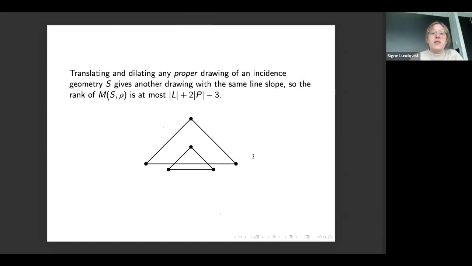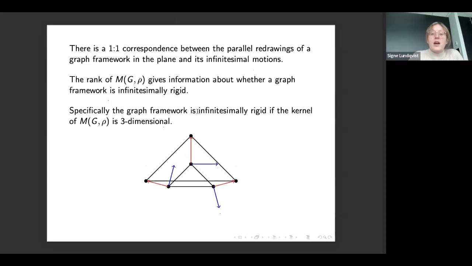And as I said, translating and dilating any proper drawing of an instance geometry will give you another drawing with the same line slope. So the rank of this matrix is at most L plus 2p minus 3. Because the kernel is always going to have the dilations and translations in the kernel of the matrix. And there's also a one-to-one correspondence between the parallel redrawings of a graph framework in the plane and its infinitesimal motions.